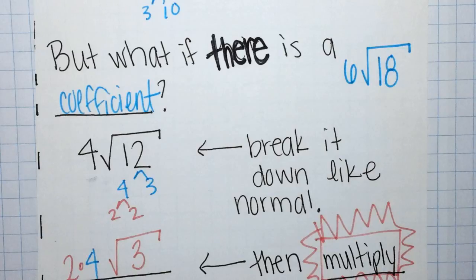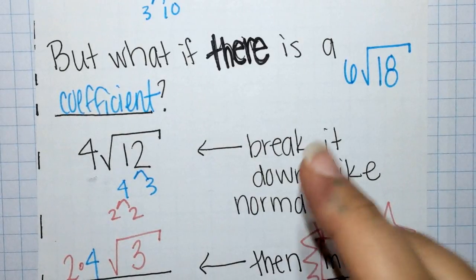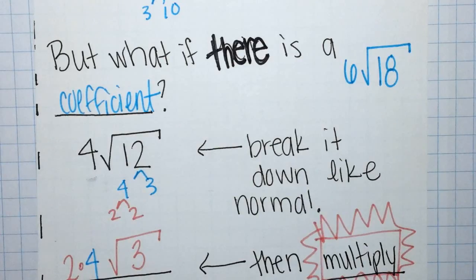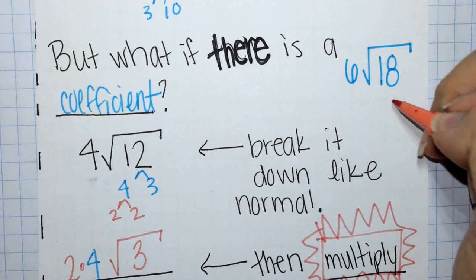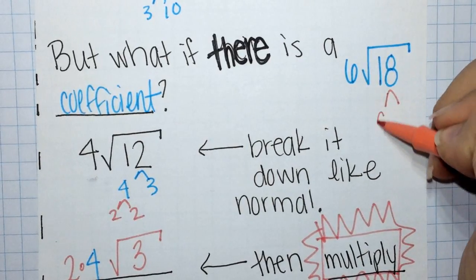We have a new problem on the board. What did you break 18 down into? 9.